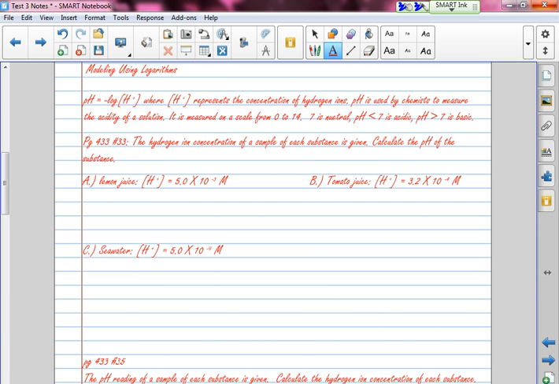So you do not have to copy these down because they're in your book. Page 433, number 33 says, the hydrogen ion concentration of a sample of each substance is given. Calculate the pH of the substance. So I want to know the pH, so I need to write the pH formula. The pH formula is pH equals negative log of H plus.